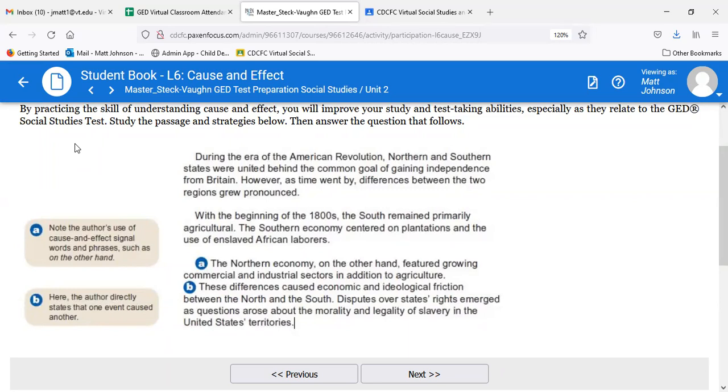Anything like on the other hand, it's going to start switching gears for you. And then the next one says, the author directly states that one event caused the other. So the differences that was caused by economic and ideological friction between the North and the South, created disputes, right? That was the cause. Economic and ideological friction caused disputes over states' rights that emerged.